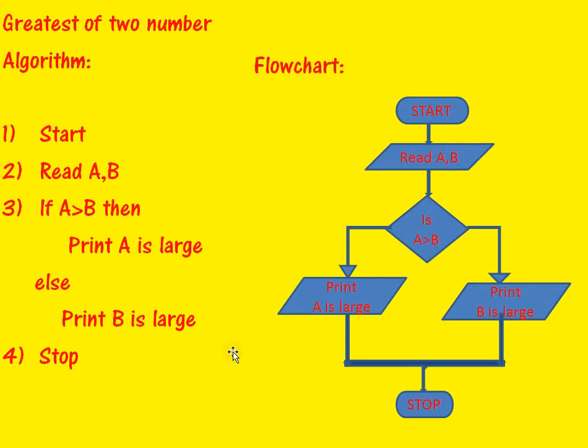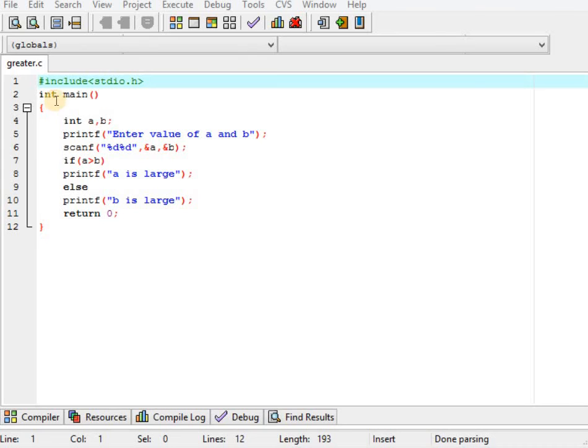Now let's see the program, how we execute it after the algorithm and flowchart. In this program, we find the greatest of two numbers. Hash include stdio.h, int main, int a, b. Two variables are initialized. Printf, enter the values of a and b by the user, that's why scanf, %d, double quotation, comma, address of a, comma, address of b.